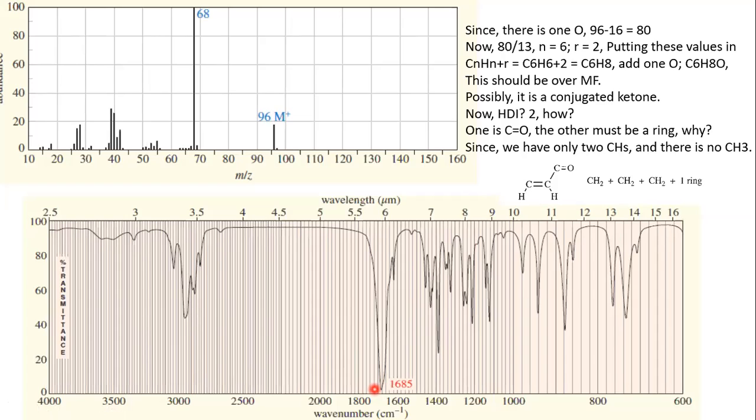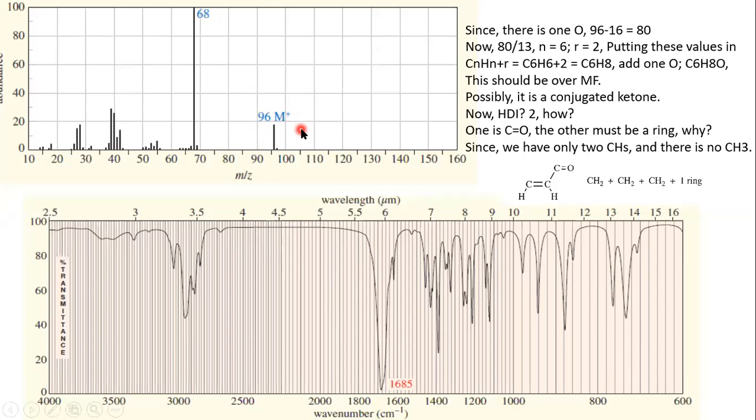Amide means we have a nitrogen, but what about the molecular ion peak in our compound?